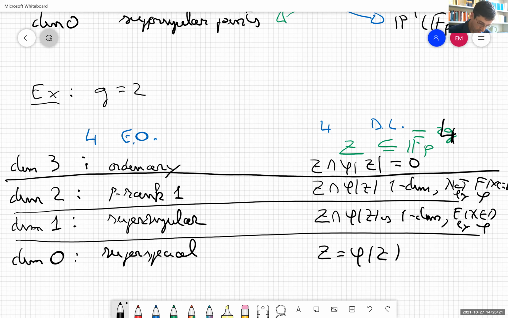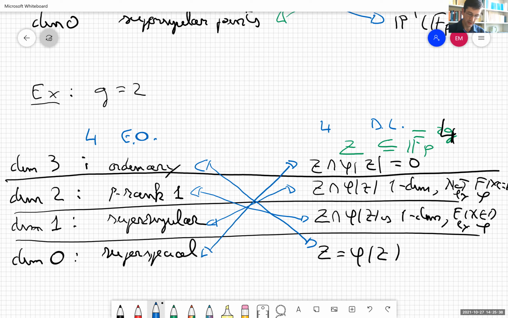And again, if you compute a bit, you see that the ordinary locus goes to the 0-dimensional one, the dimension 2 locus goes to the dimension 1 locus, dimension 1 becomes two-dimensional, and the dimension 0 locus is actually three-dimensional. So there is a flip in the dimension and in the correspondence. Okay.